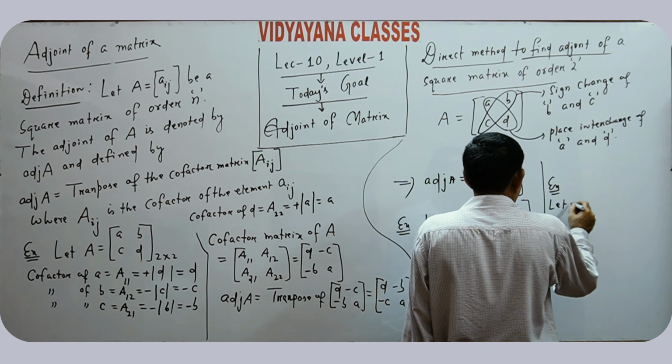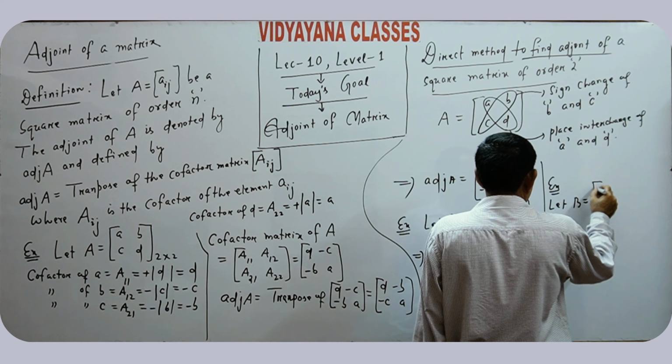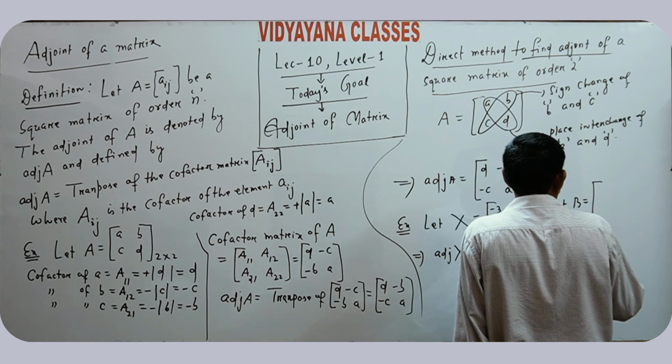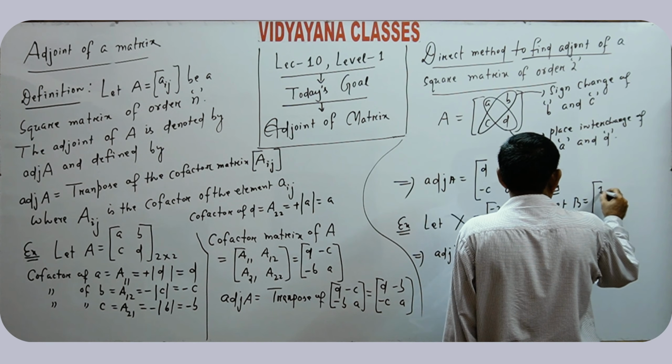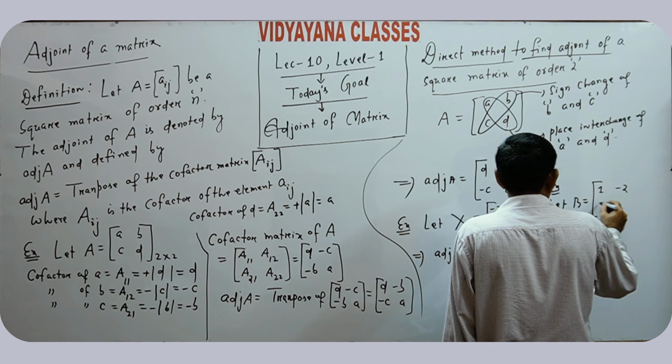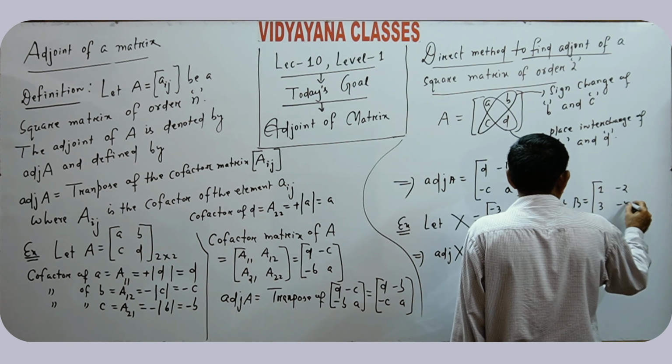Let capital B be a matrix of order 2 having elements 1, minus 2, 3, minus 4.